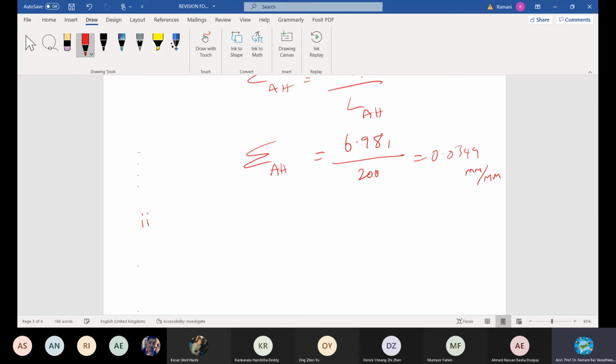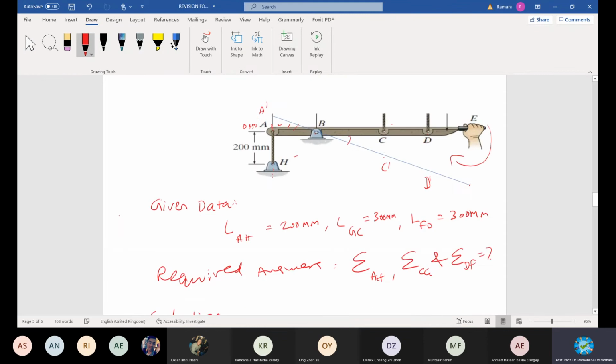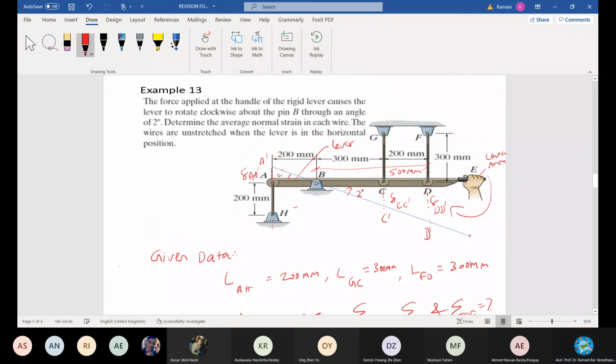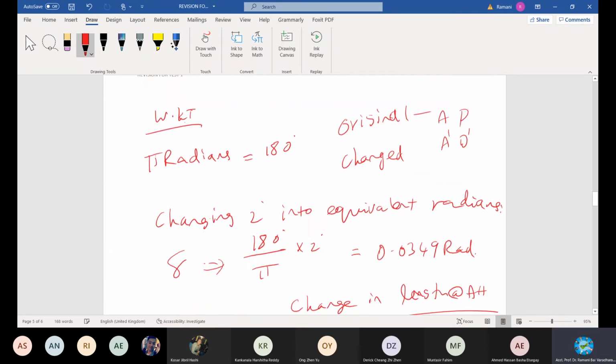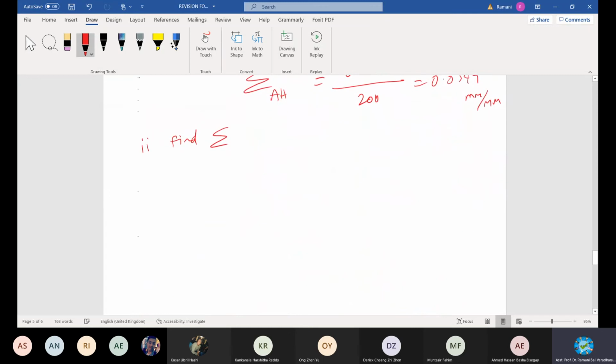Let's find out the second value. We need to find the strain value at CG. To find this, follow the same formula. You know that strain is equal to change in length to original length. We need to find the change in length by using the geometry given to you.